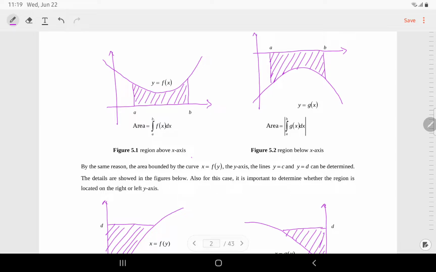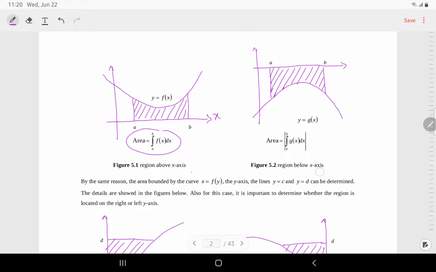We use this formula when the shaded region is located above the x-axis and bounded by the curve, the x-axis, x equals a and x equals b.